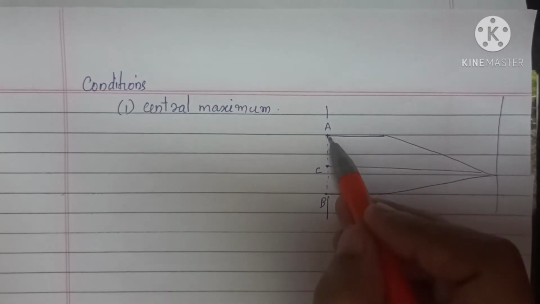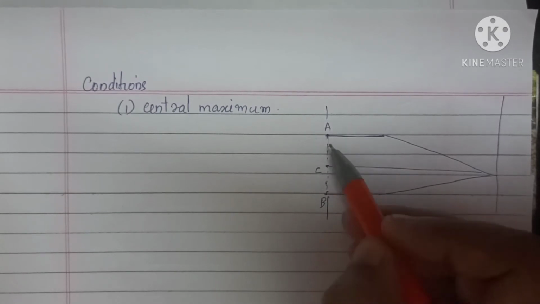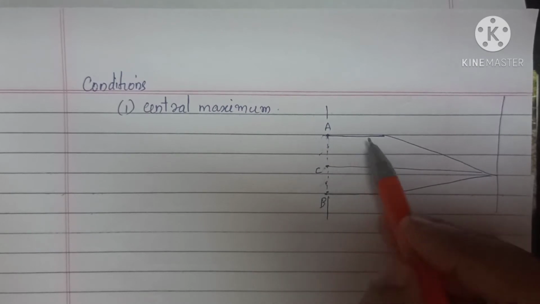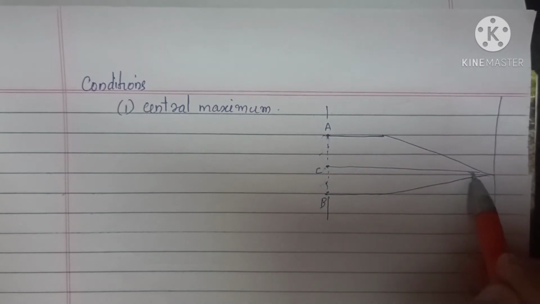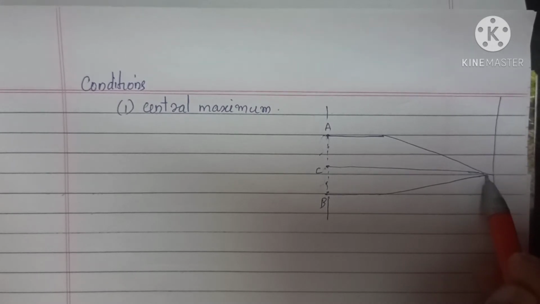Here it is assumed that there is no path difference, that is, this slit can be considered as two halves, the upper half and the lower half. From these two halves, if there is no path difference, they will interfere constructively so that we get a bright point. We call it the central maximum. Understand? So that is the condition for central maximum.